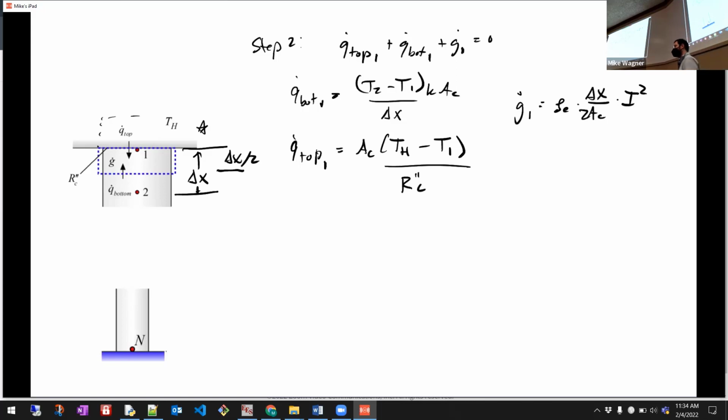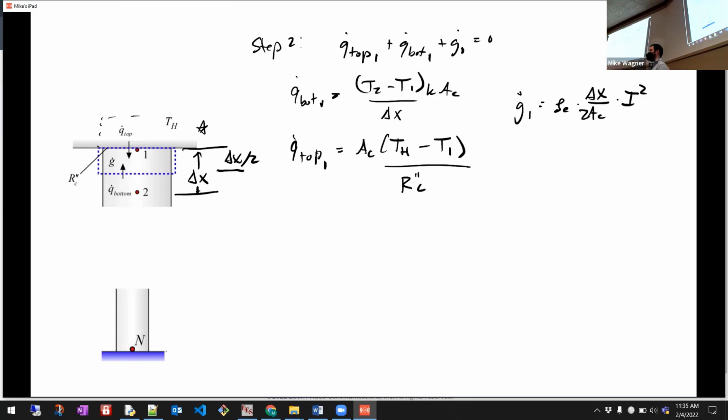If you didn't have contact resistance, could you say node 1 is at TH? Yes, very good question. Say we had some network of resistances between a known temperature and our temperature at node 1.